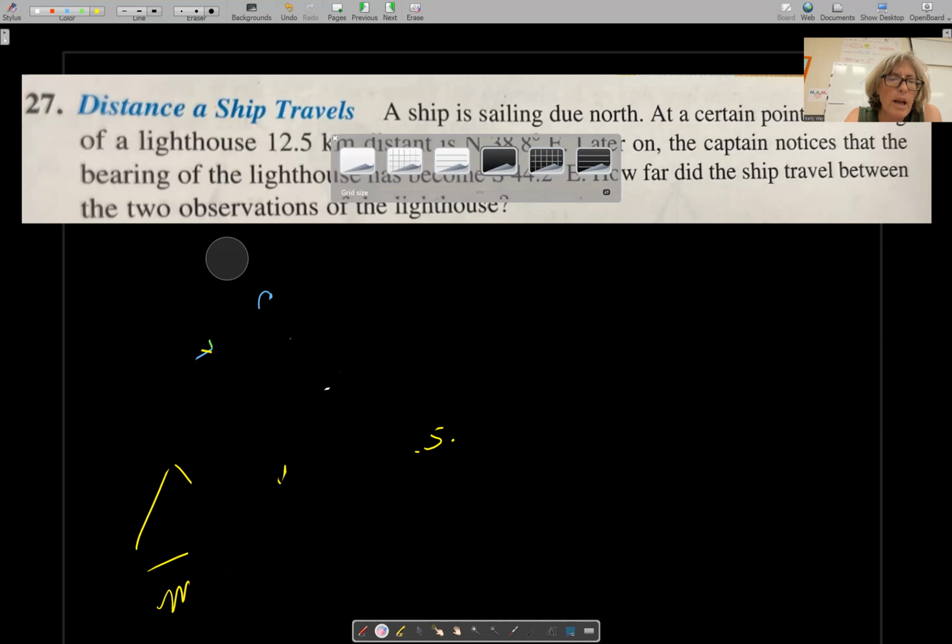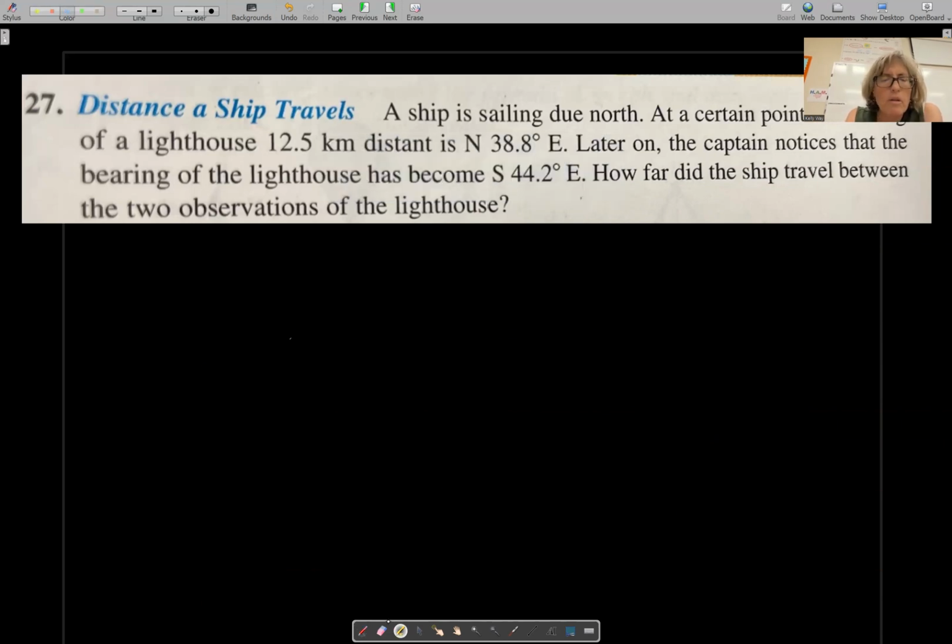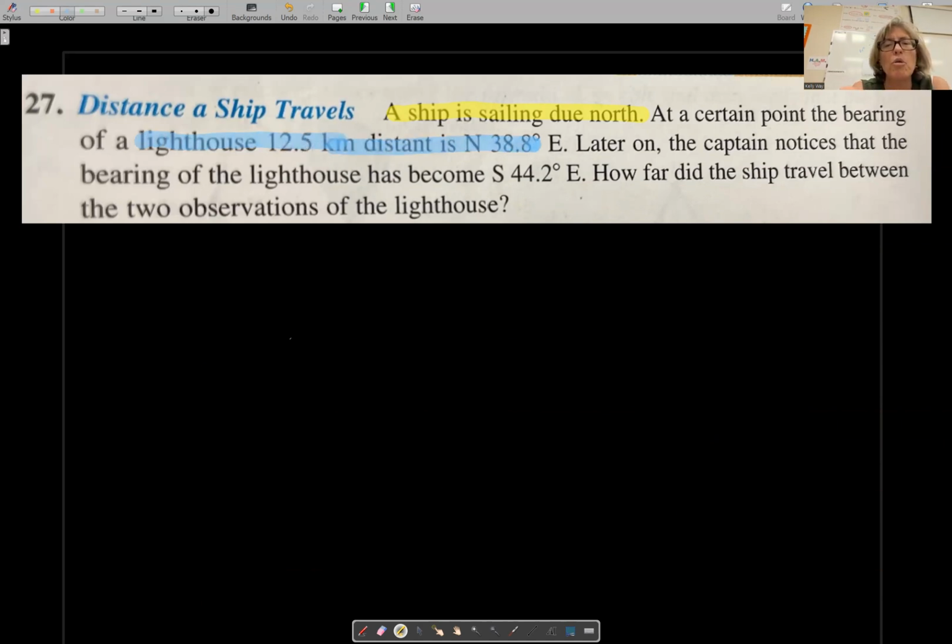So one step at a time here. We have a ship sailing due north. At a certain point, the bearing of a lighthouse, which is 12.5 kilometers distance, is north 38.8 degrees.